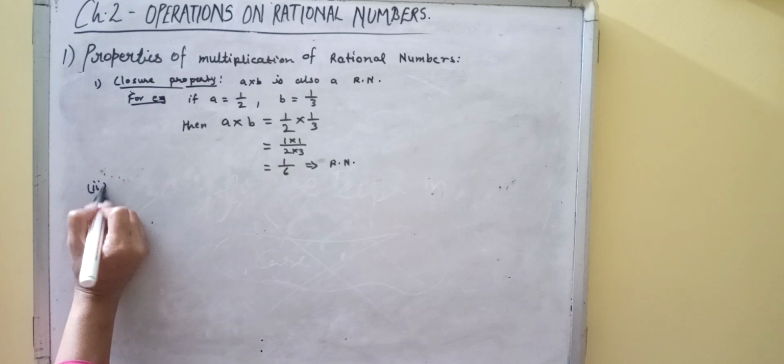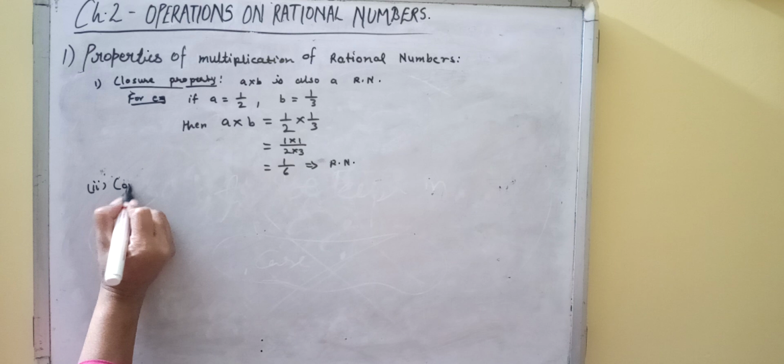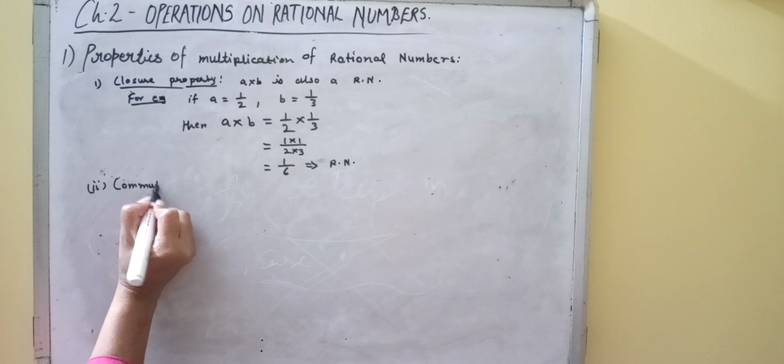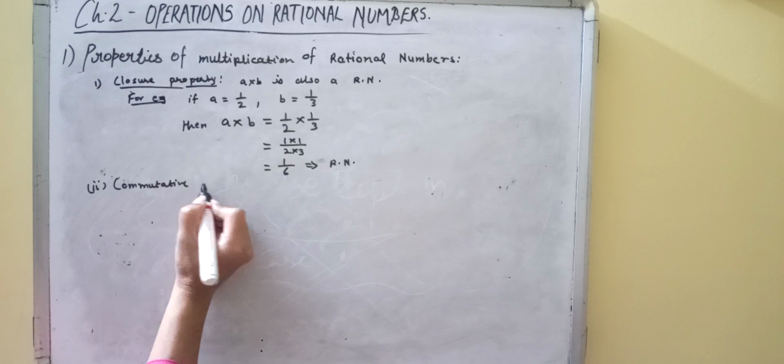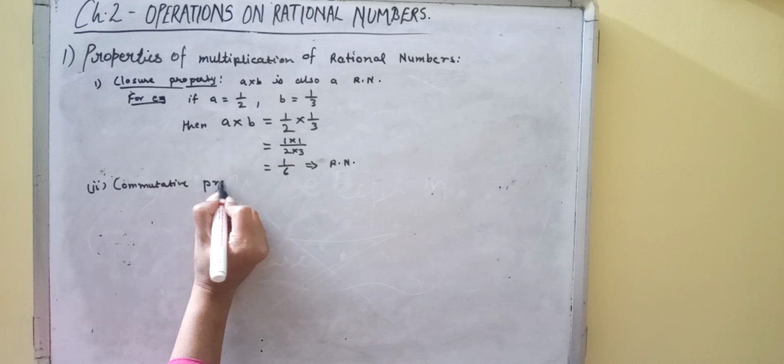Second property is commutative property. In commutative property, two rational numbers can be multiplied in any order.